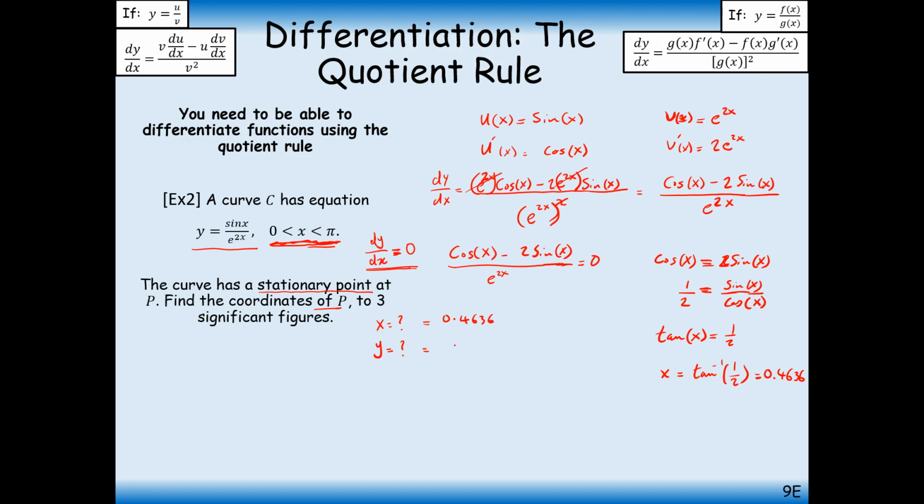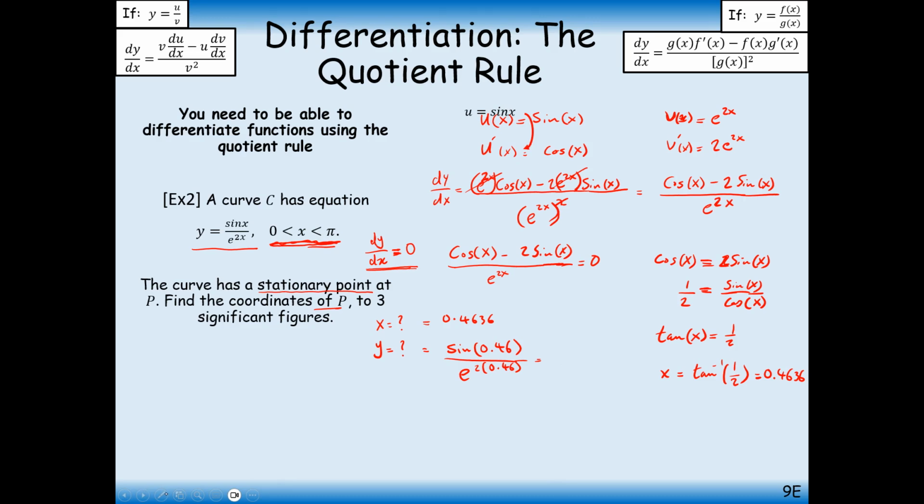and y value would be sine of this decimal number divided by e to the power of 2 times that number, which I will tell you. Right, so the answer was 0.177 here.